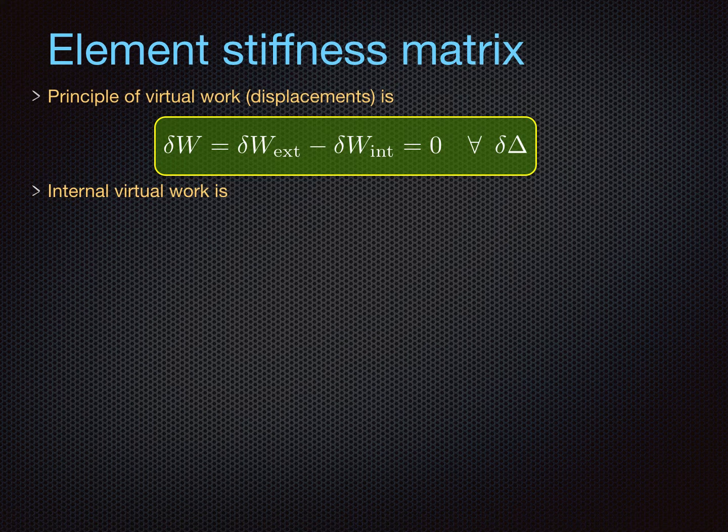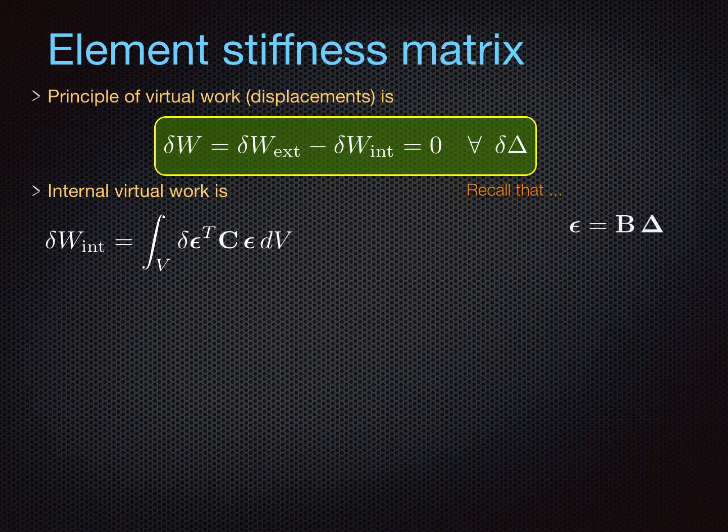So let's go on computing the internal virtual work. In general, the internal virtual work is as follows: del epsilon transpose times C times epsilon integrated over the entire volume of the member.